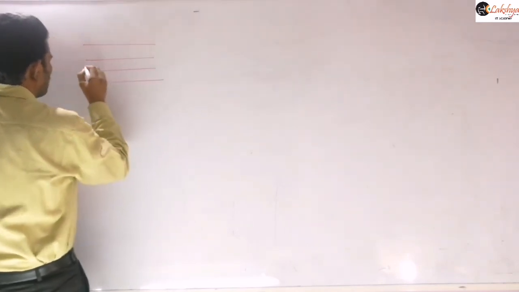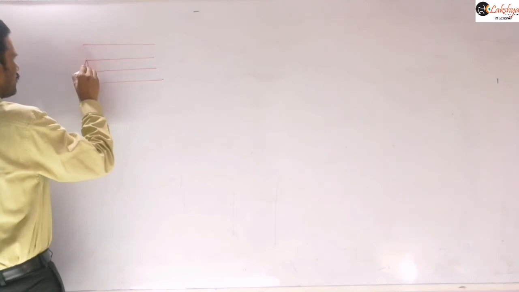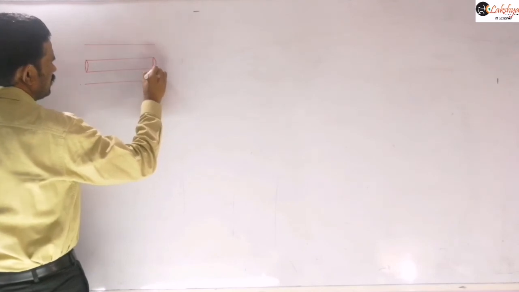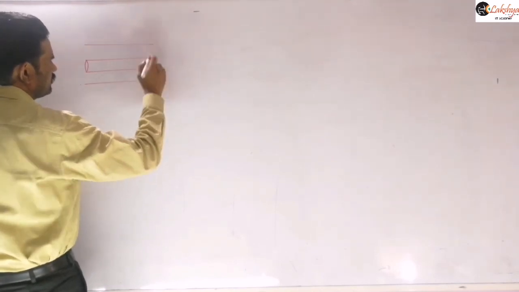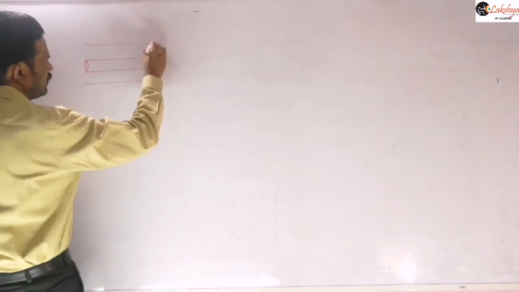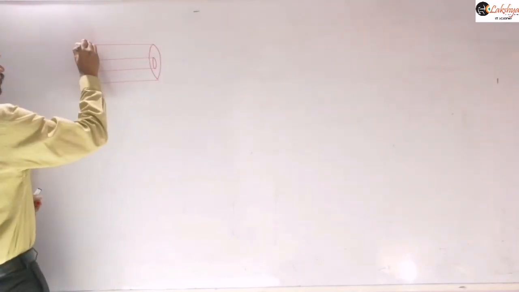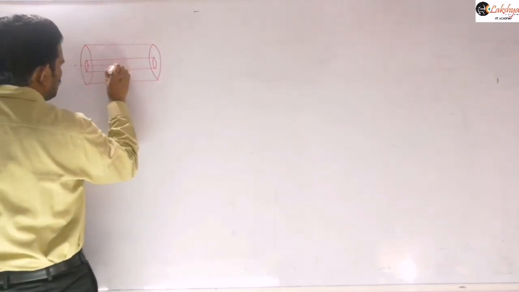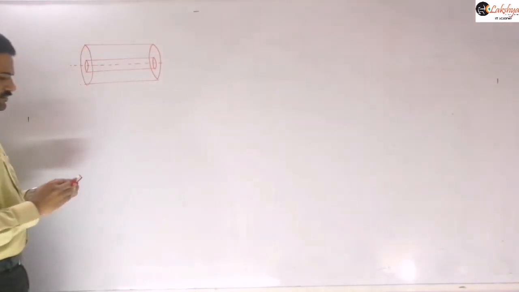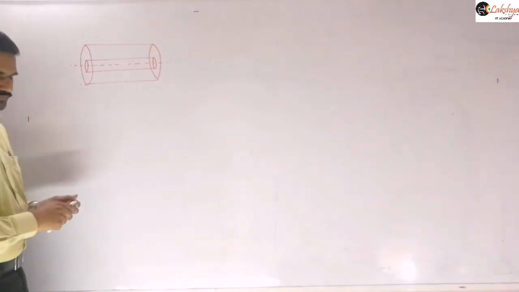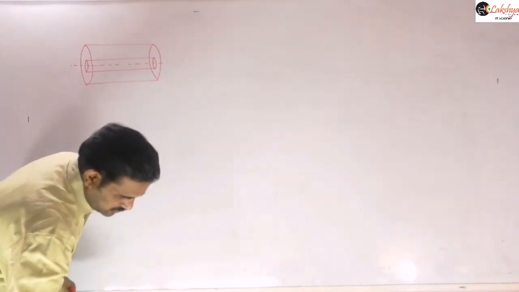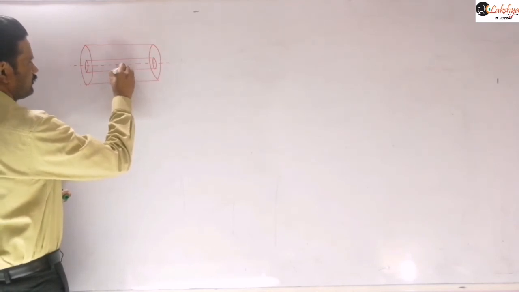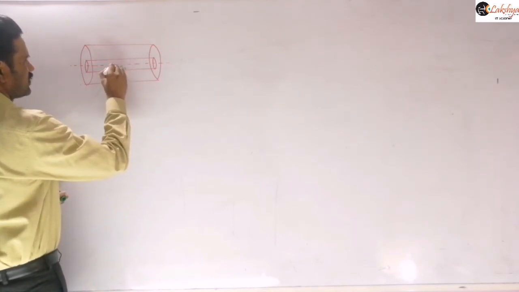A hollow cylindrical pipe is having uniform charge density rho from inner radius R1 to outer radius R2.